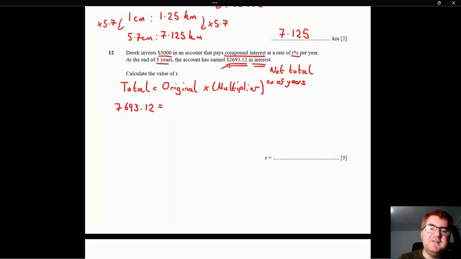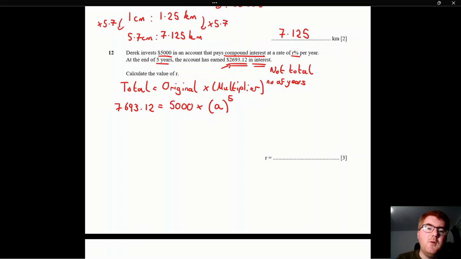The original amount is 5,000. The multiplier we don't know, so let's just call it A. And then number of years we're told is equal to 5. So actually we have a reasonable equation here to solve, basically making A the subject.